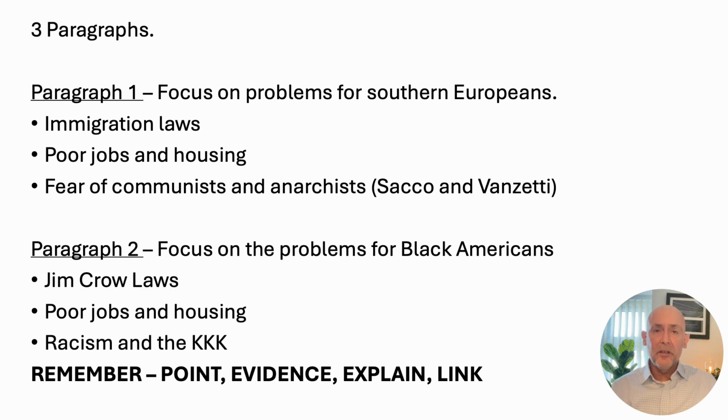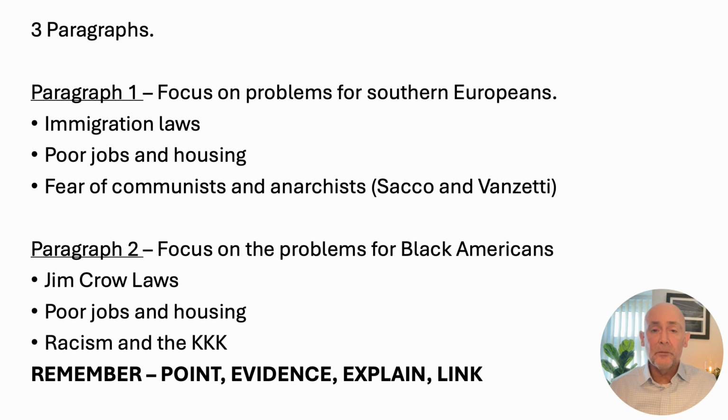As I've said, it's 3 paragraphs, so we're going to break it down into the bullet points. It gives you a plan straight away when you see the question. You know that you've got to answer about both bullet points, so essentially that's paragraph 1 and paragraph 2.